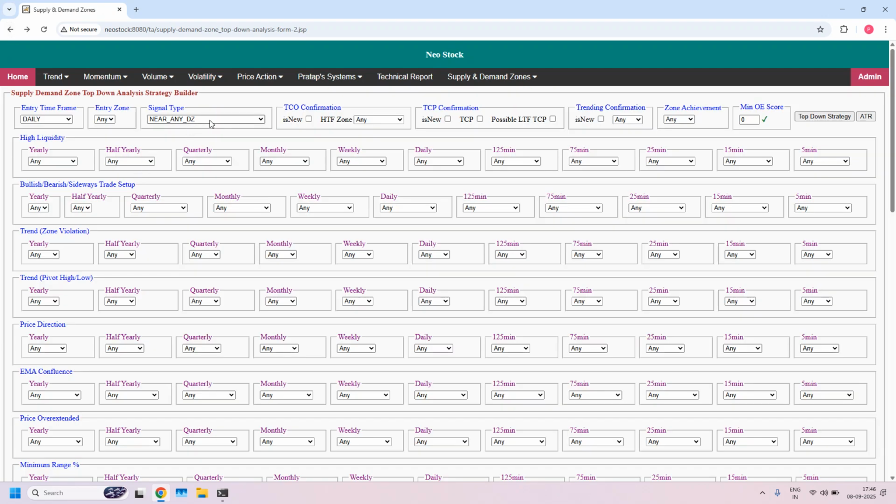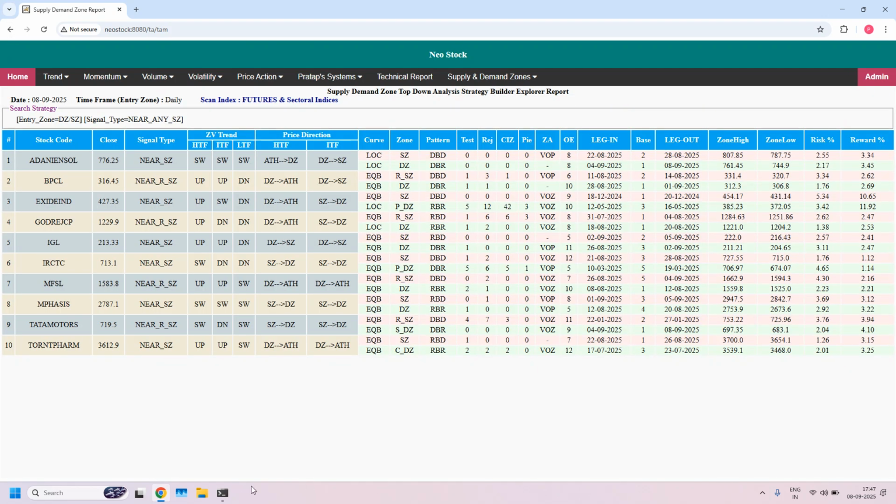Next, stocks near the daily supply zone. We got 10 stocks. Let us identify high priority, high liquidity supply zones from this list. BPCL is having a daily high liquidity supply zone. Godrej Consumer is a PR surge zone.